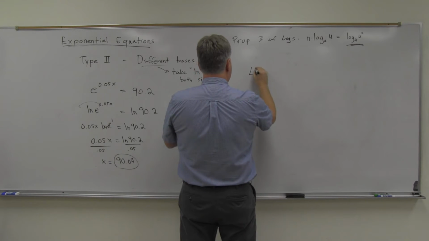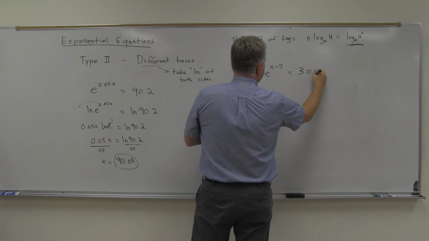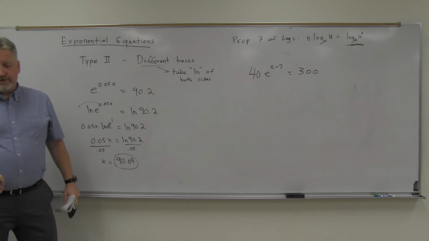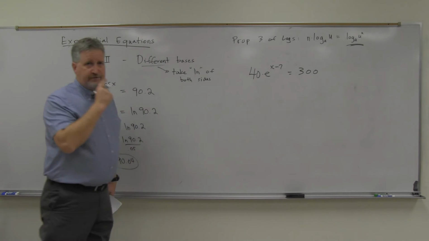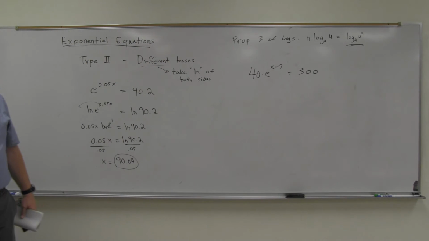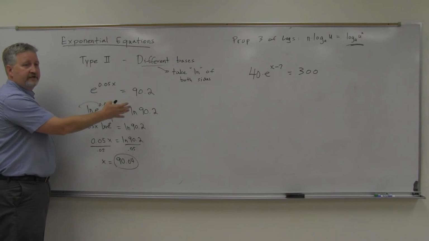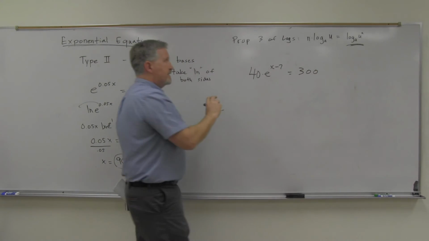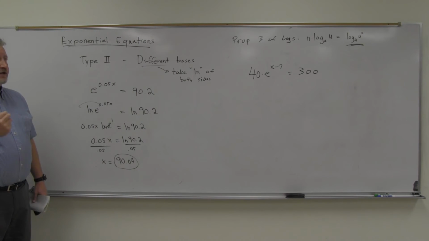So I've got 40 e to the x minus 7 equals 300. Okay, so the little flip on this one is that I've got 40 times the exponential. Previously, I just had the exponential equals a number. Here I've got 40 times the exponential equals 300. So a couple ways you could go, but probably the way you want to go is to get rid of that 40 first.